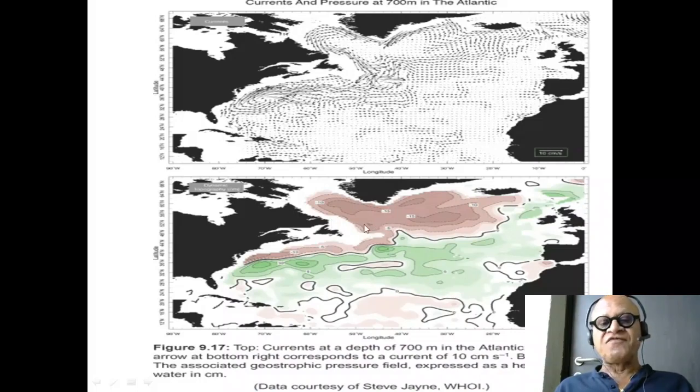Okay, so you get the subpolar gyre there with the corresponding geostrophic pressure field. So if the currents are zonal from west to east, then Coriolis is to the south and the pressure gradient is to the north. So you have high pressure, low pressure driving a pressure gradient force that way, balanced by the Coriolis this way. So you have a geostrophic flow field happening in this direction.